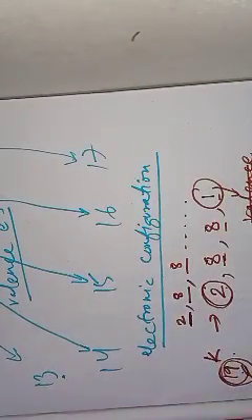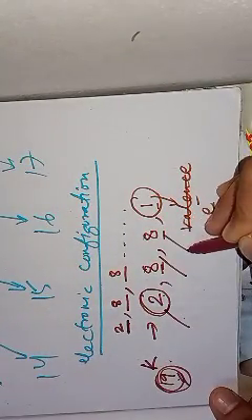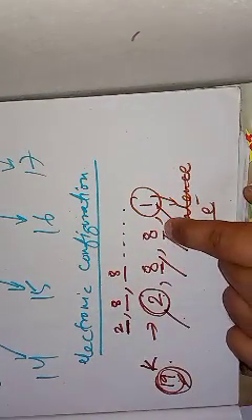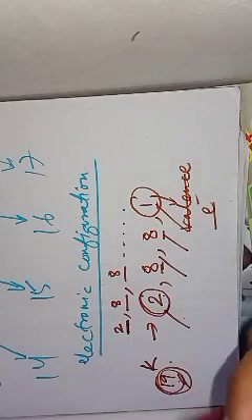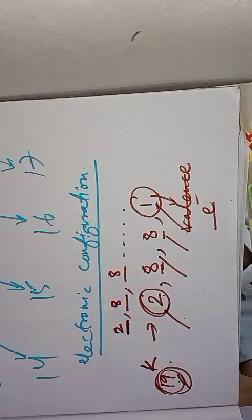Similarly, the periods give you the idea of the number of shells. So these are the number of shells: the first shell, the second shell, the third shell, the fourth shell, also known as orbitals. We will be using shell, which is easy to understand and comprehend. The word is simple, shells.